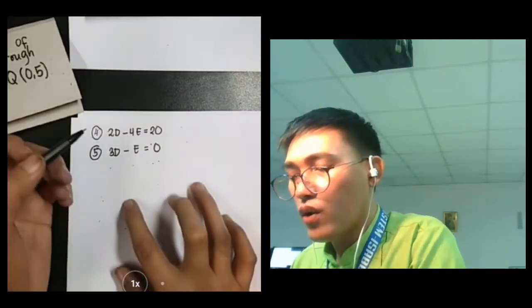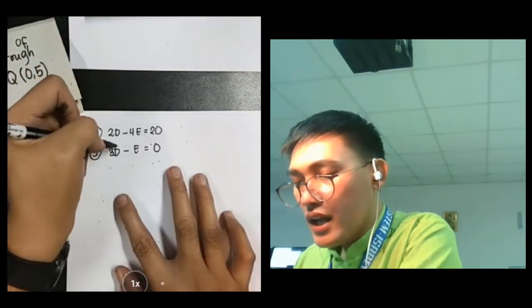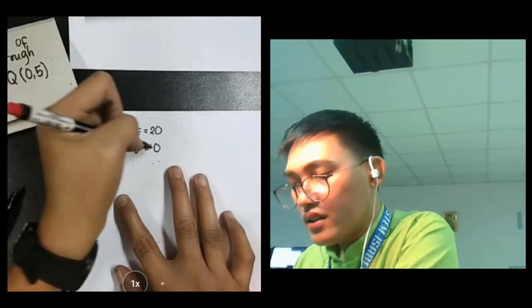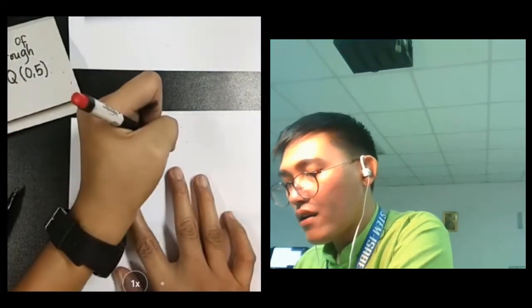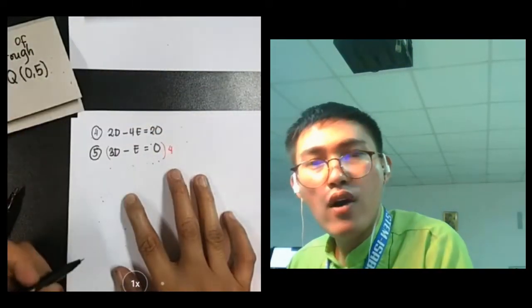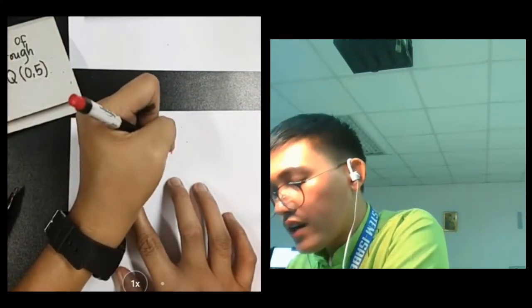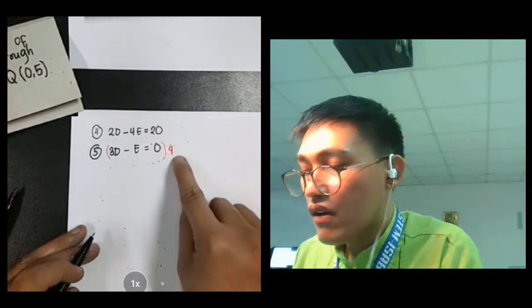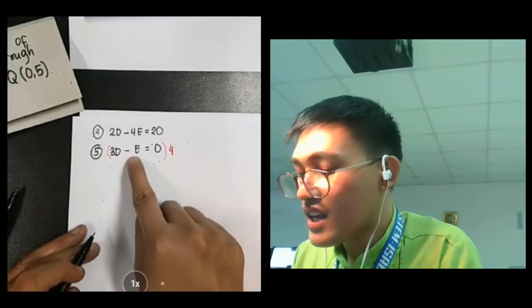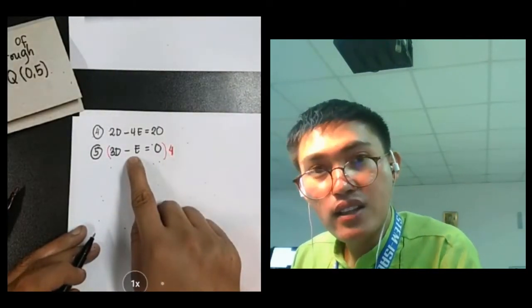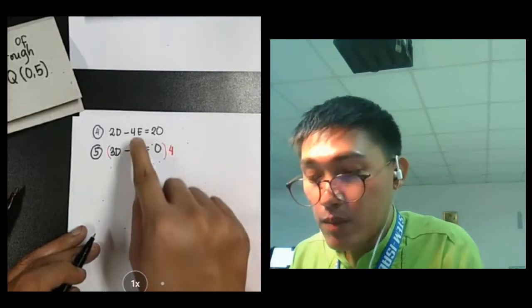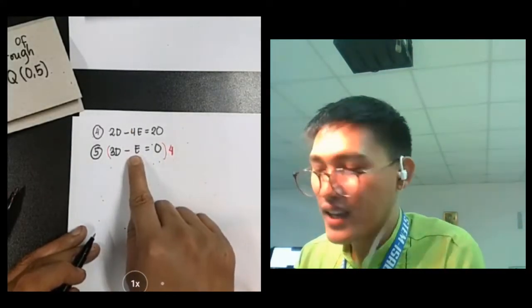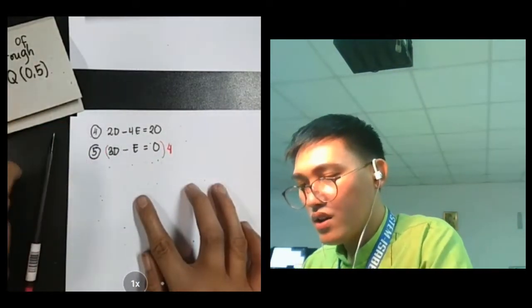Because 4 times 3d is 12d, and 4 times negative e is negative 4e. After that, let's subtract them and remove e. So we'll have 12d minus 4e is equal to 0 by the distributive property of multiplication.